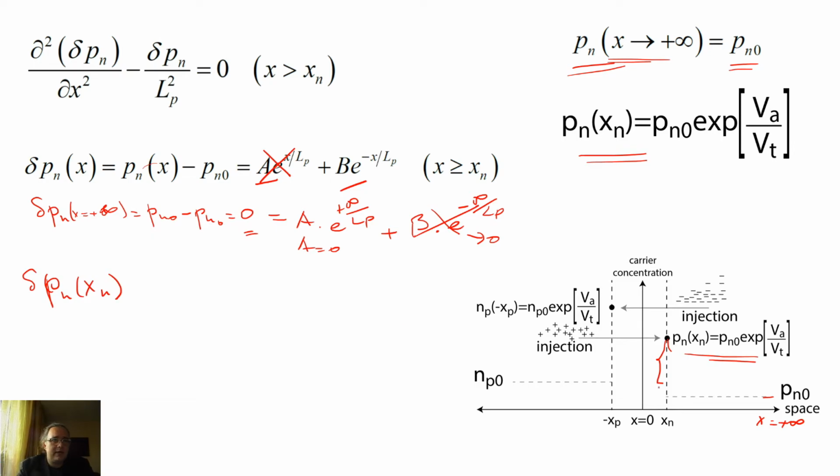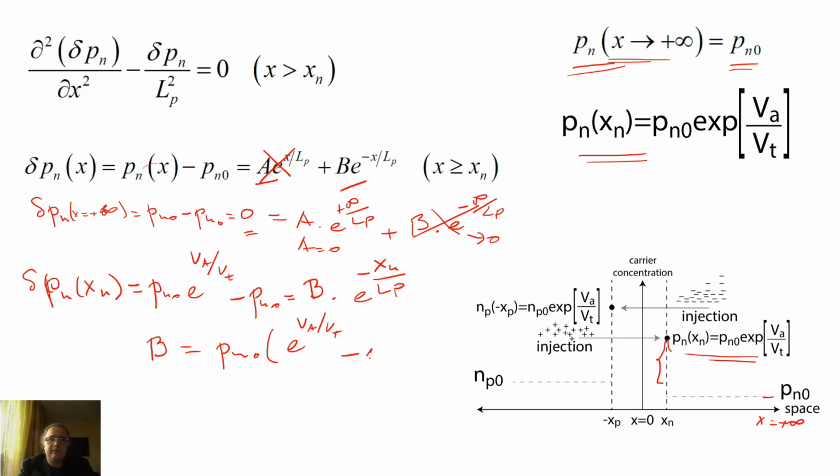The excess carriers at this point are of course Pn0 exponent Va divided by Vt minus Pn0, and are equal to B e to the power of minus Xn over Lp.